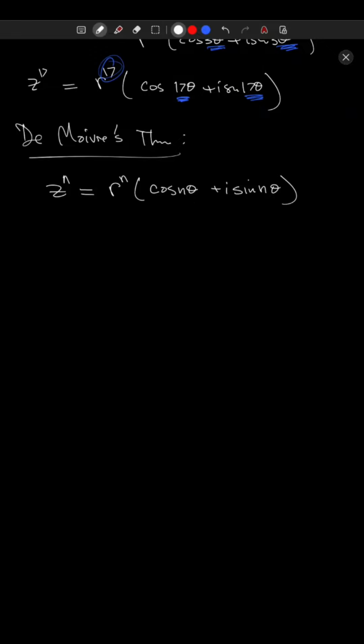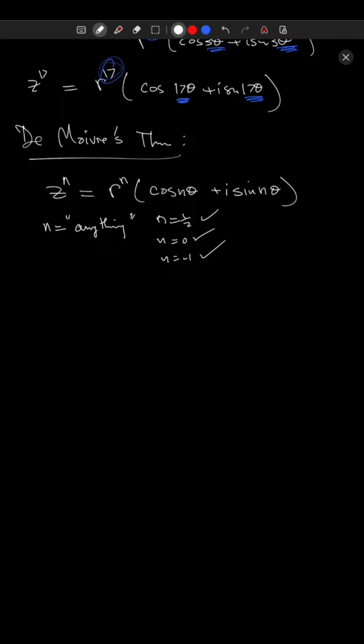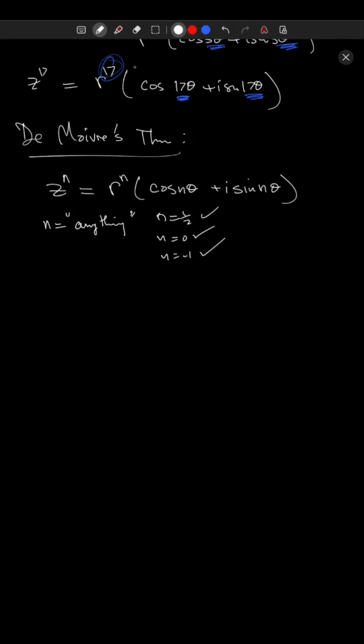So our pattern that we just talked about works, and this is actually true for n equals "anything." So what I mean is n equals a half is okay. n equals 0 is okay. n equals -1 is okay. So it works not just for positive whole numbers, as we've just talked about. It works for anything.